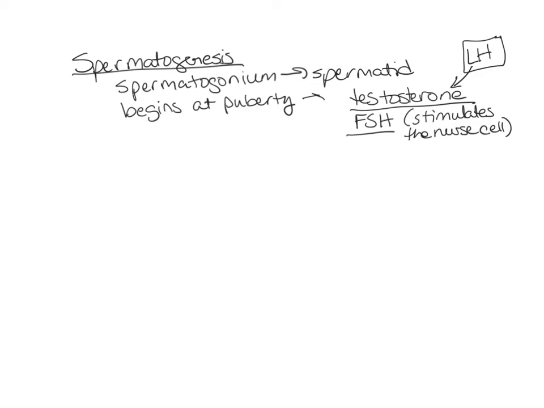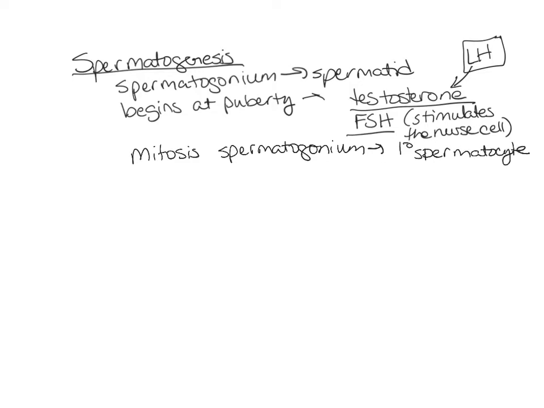Spermatogenesis had three phases to it: mitosis, and in mitosis the spermatogonium became the primary spermatocyte. Then meiosis 1, where the primary spermatocyte became a secondary spermatocyte.